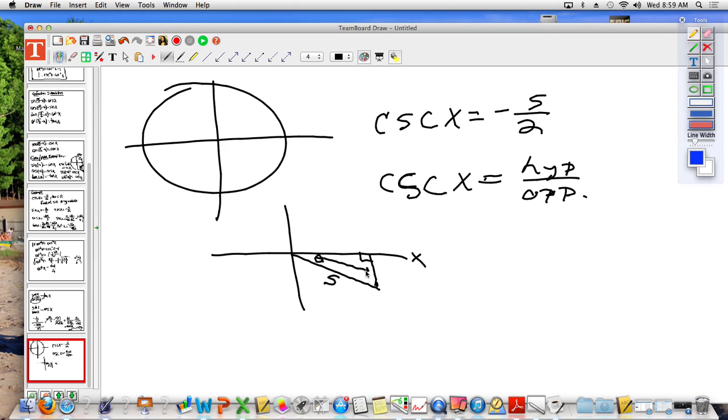Are you with me? It's a y value, and it's down. And in any quadrant, if you go down, it's negative. So we have a negative 5/2. What just happened? I wrote a 2 up there. You wrote 2 5s. Go negative 5.